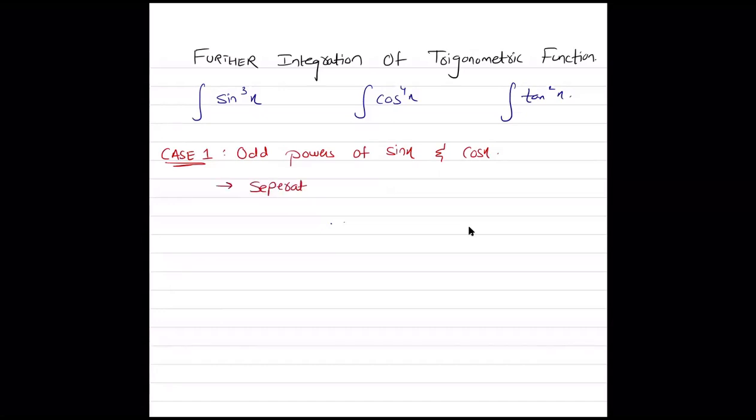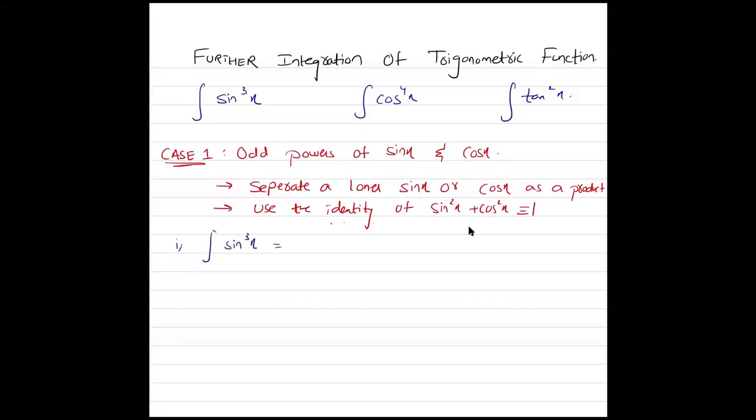Then use the identity of sine square x plus cos square x. So for example, in questions where I have to integrate sine cube x, I'm going to first separate sine x alone, and I'm going to be left with sine square x.